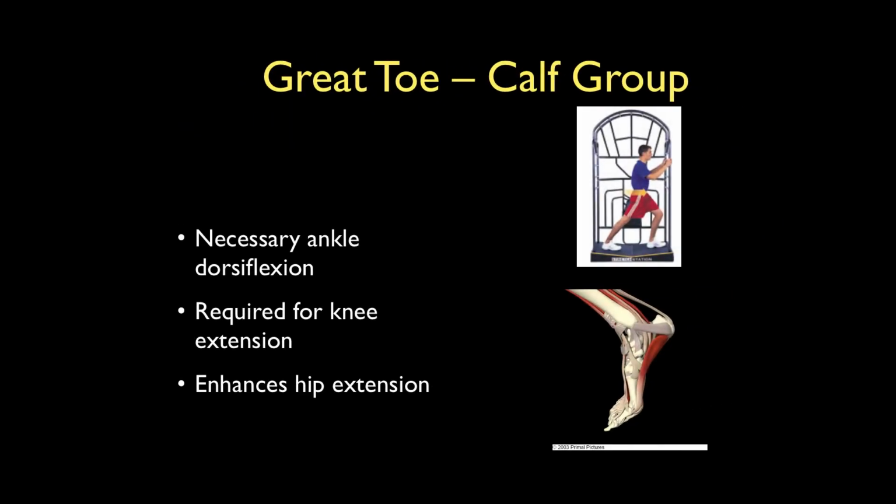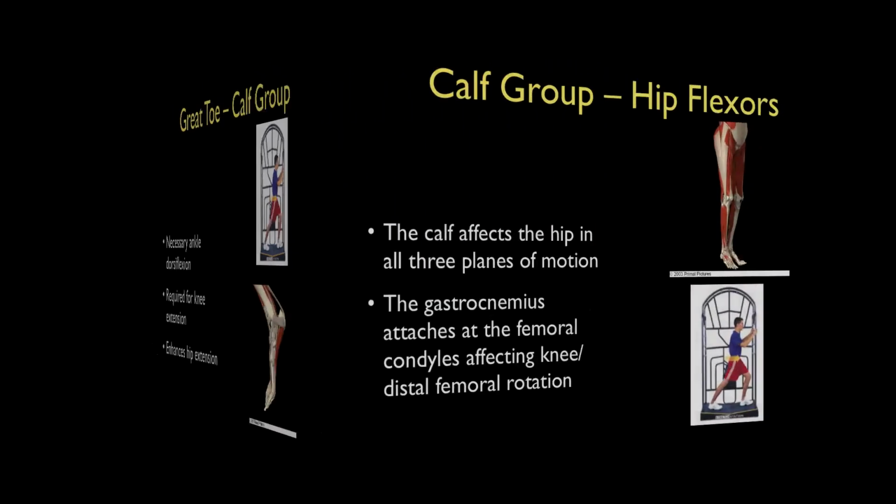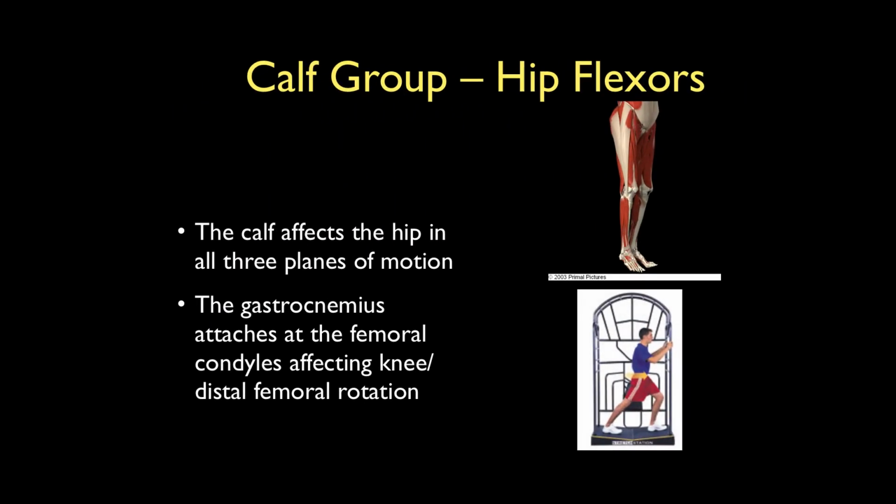The great toe and calf group are necessary for ankle dorsiflexion. They're actually required to have optimal knee extension, and they will also enhance hip extension when there is good mobility within the great toe and the calf group. The calf and the hip flexors: the calf affects the hips in all three planes of motion.